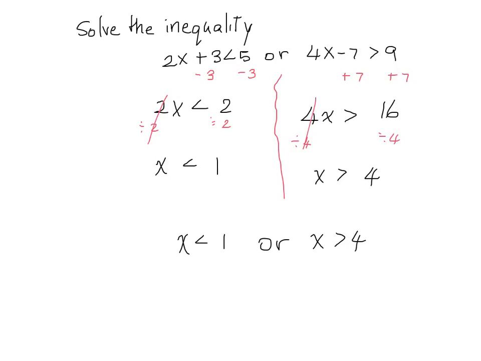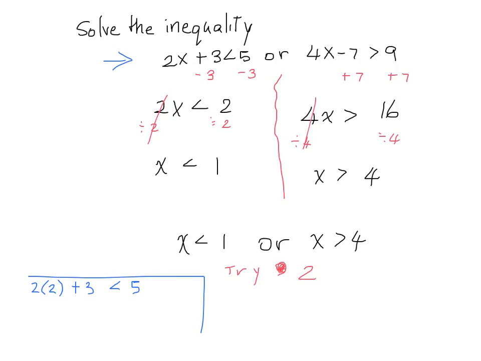Since x either has to be less than 1 or greater than 4 to work, let's try 3. Or 2. 2 is even easier to work with. Let's try 2. If you plug 2 into either of these inequalities at the beginning, it should not work. So let's test it out over in the corner here. Our first inequality, 2 times 2 plus 3 is less than 5.